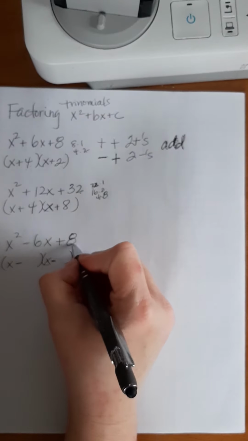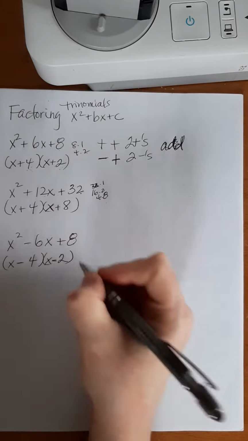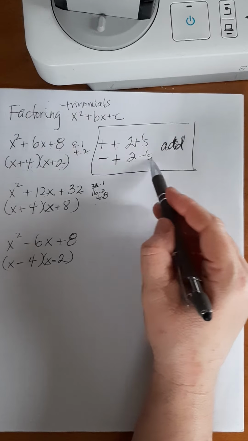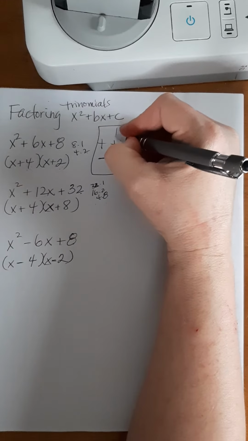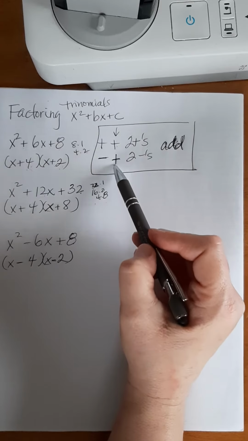And same thing, multiply to get 8, add to give you 6, 4 and 2. So that's the first two scenarios. If you have plus plus, it's two pluses in the parentheses, minus plus, two minuses, and you're going to add. So notice how if the second sign is a plus, you're always going to add.